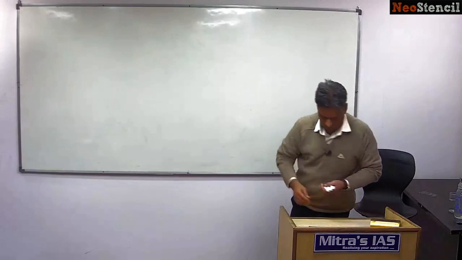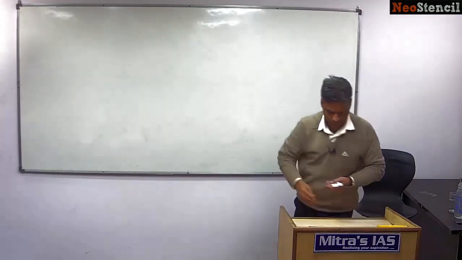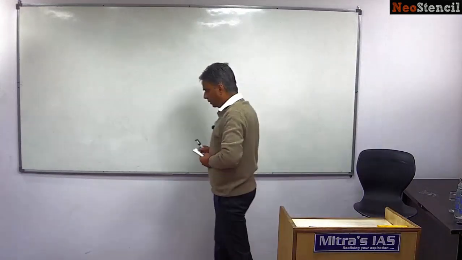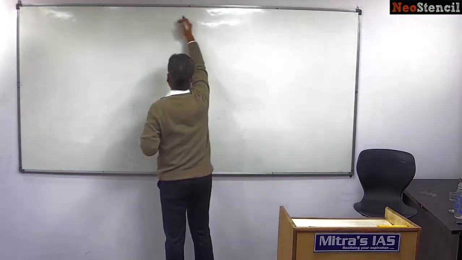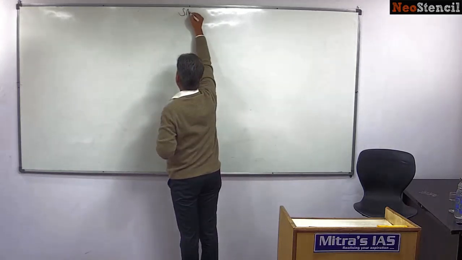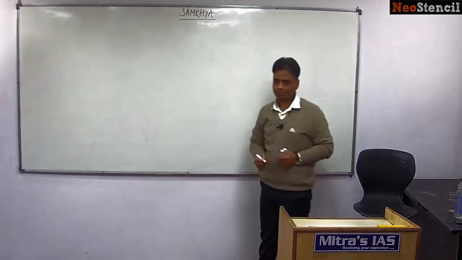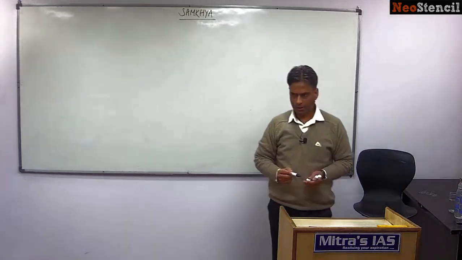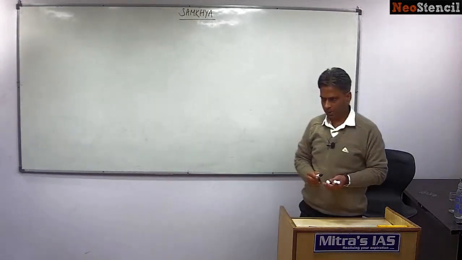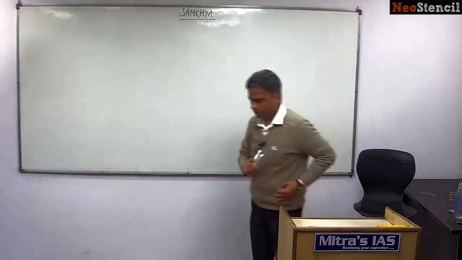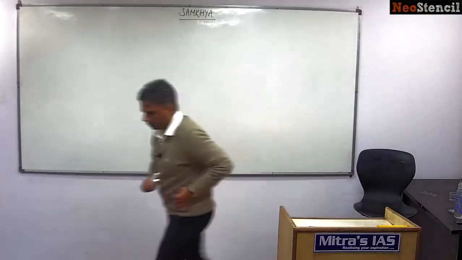So now let us come to the new school. After getting a feel of Buddhism and Jainism, now let us come to one of the oldest schools, that is the Samkhya school. Let us see the Samkhya school.